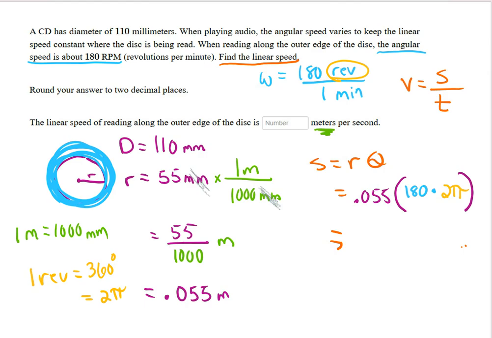Let me try that again. 0.055 times 180 times 2 times pi gives me 62.20353454, but the units on that are meters, since the radius was in meters.